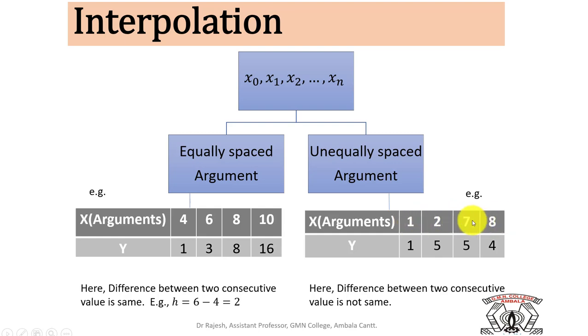So this is not equally spaced. Somewhere the difference is 1, then it becomes 5, then it once again becomes 1. This kind of spacing of the arguments is called unequal spacing, because the difference between the consecutive arguments is not always equal.